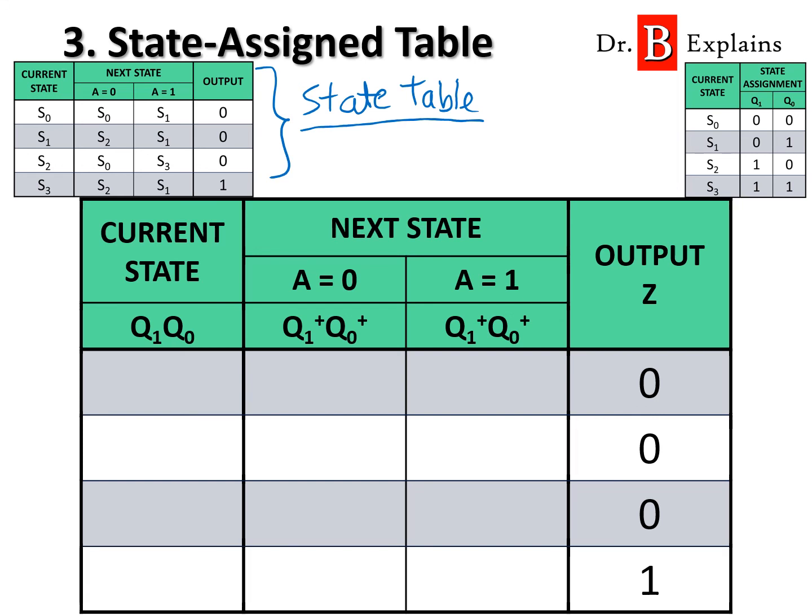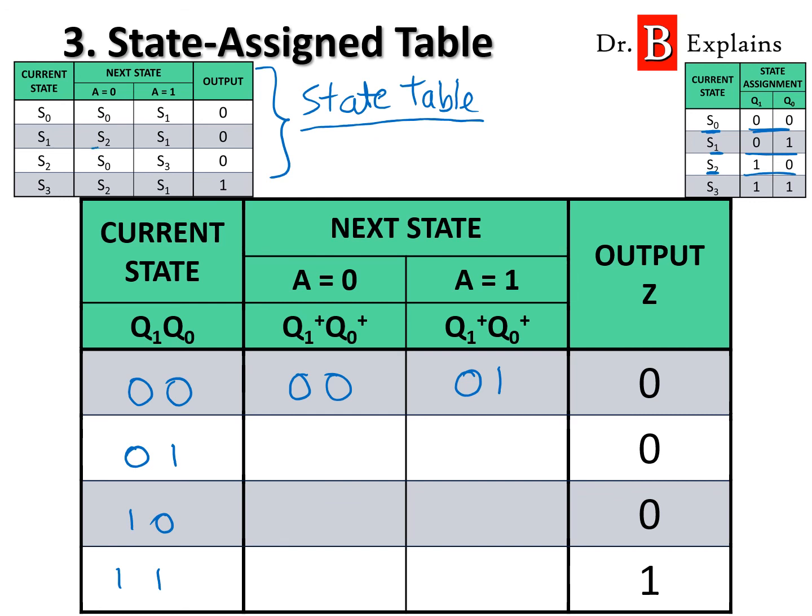So for example, our current state is 0 0, 0 1, 1 0 and 1 1, and we're just going to recopy our state table. So we said 0 0, so I get a 0 and a 0. I go to state 1, so I put a 0 and a 1. That's what I mean by the process being easier if you give it the same name as the number, because now when you say state 1, you know it's a 1 in binary. State 2, you know it's a 2 in binary, and so on.